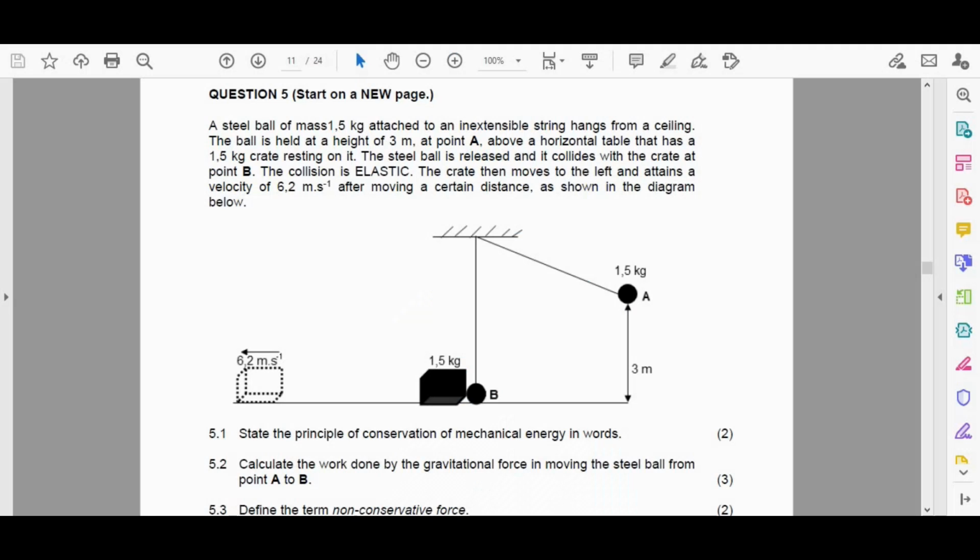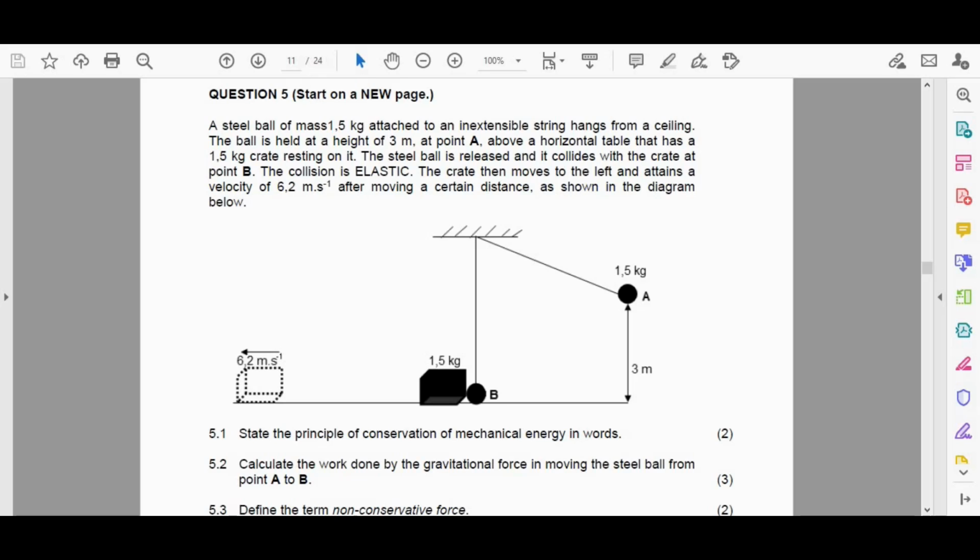So we're looking at question 5 of the September 2019 mock exam for grade 12. And question 5 is your energy principles question. Question 5 reads: a steel ball of mass 1.5 kilograms attached to an inextensible string hangs from a ceiling. The ball is held at a height of 3 meters at point A above a horizontal table that has a 1.5 kilogram crate resting on it.